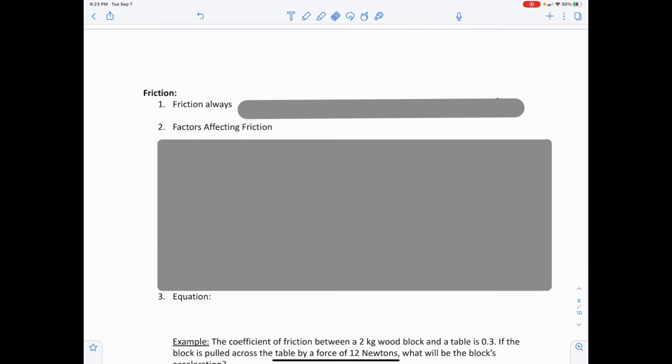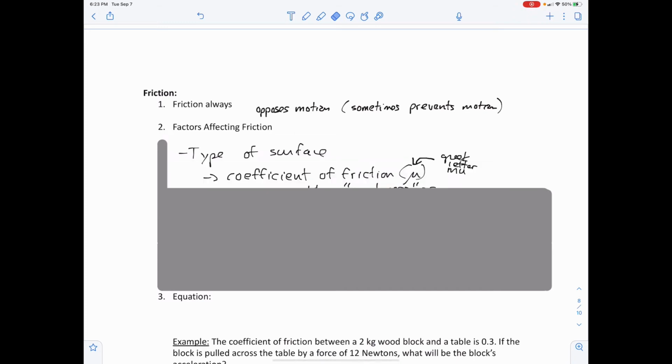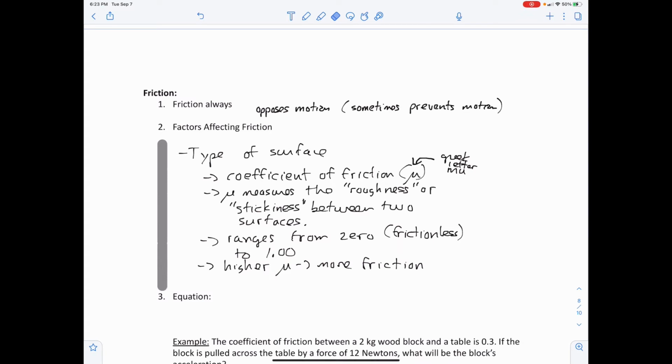Friction. Well, friction always opposes motion. Sometimes friction, as we're going to find out, also prevents motion. Factors affecting friction. The first factor would be the type of surface, meaning what two surfaces are interacting with each other.